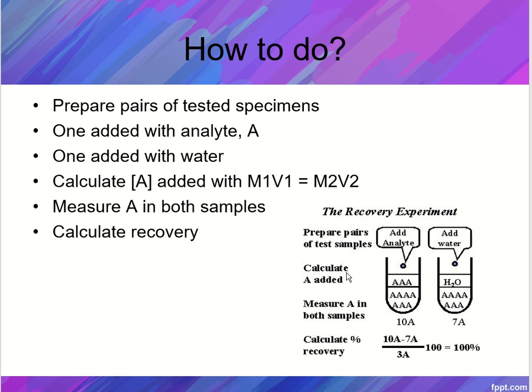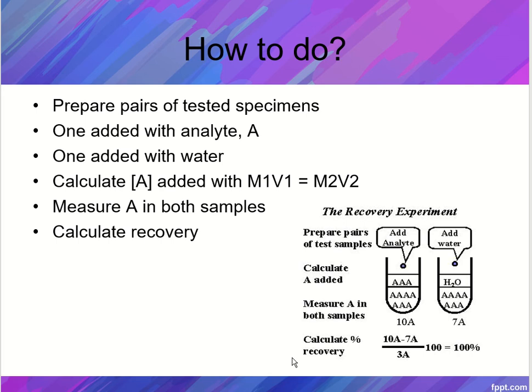Afterwards, you need to calculate the A added into the specimen with this formula: M1V1 equals M2V2. Afterwards, measure A in both samples. Remember, these two cover one patient only, but it is made in pairs, one added with analyte A and one added with water. After you measure A in both samples, you need to calculate the recovery.